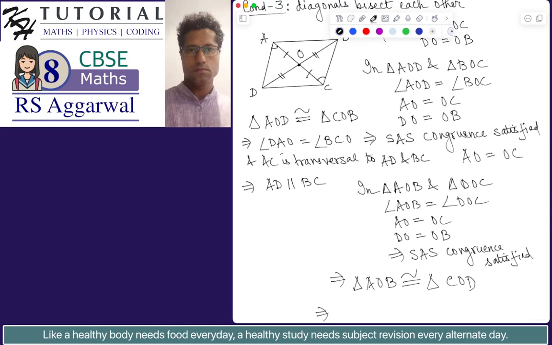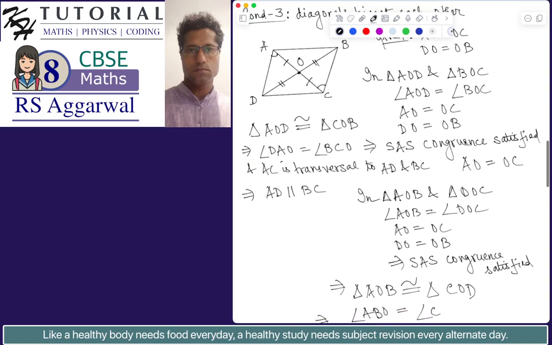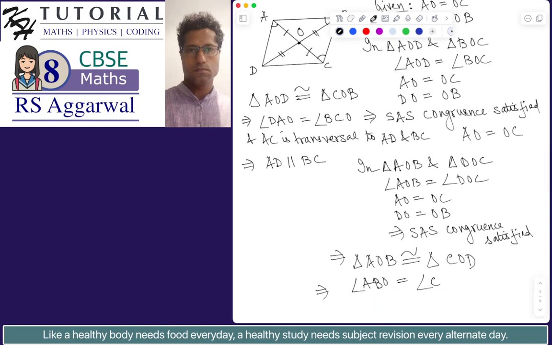So we will have angle ABO should be equal to the corresponding angle, the corresponding vertex of A is C, O is O, and B corresponds to D, so angle CDO. So these two angles are equal.